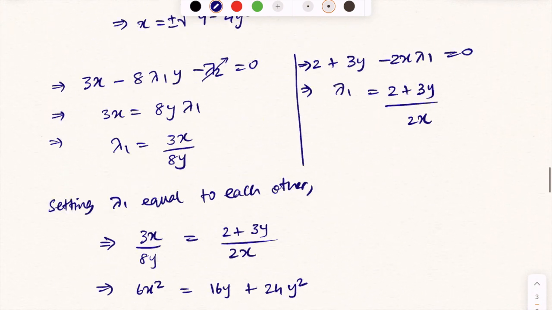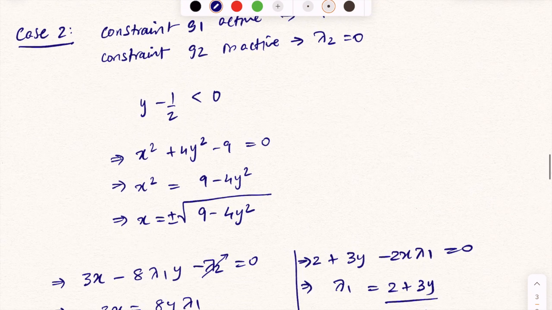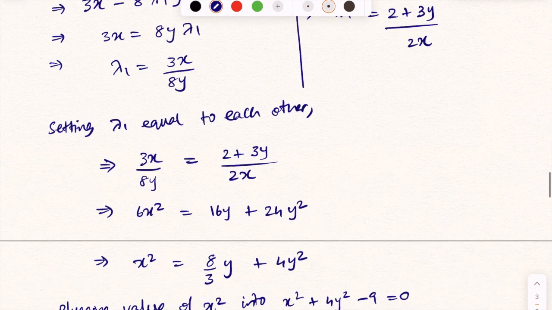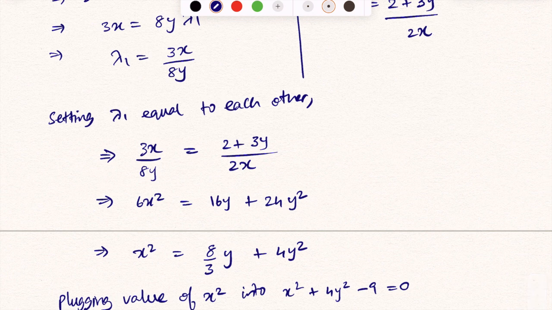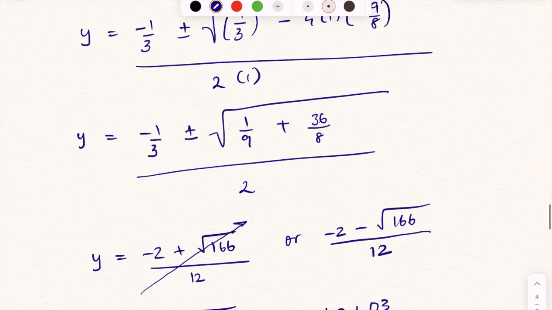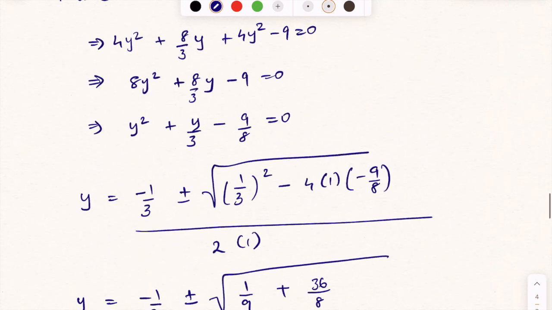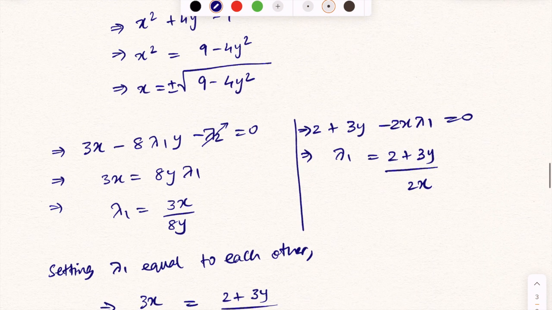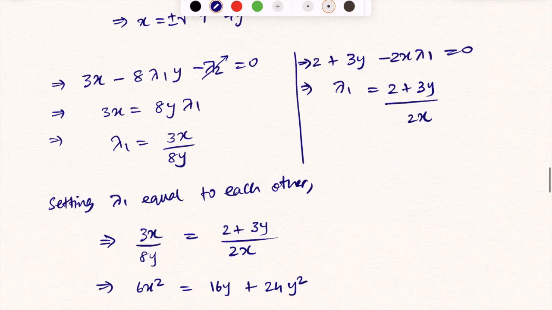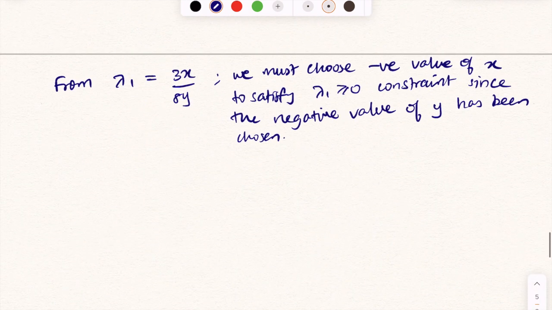Similarly, in the second case, we started off by finding values of x and y, and then plugging them into equations with lambda 1. The work we did over here with lambda 1, finding these two equations, can honestly be done at the very end as well, because all this work does is help you identify which candidate points are valid and which are not. And so from this case, we find that we do have a valid candidate point.